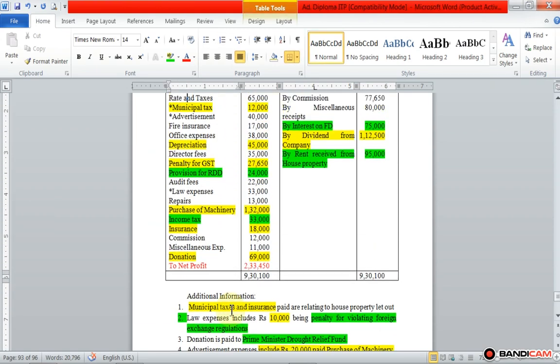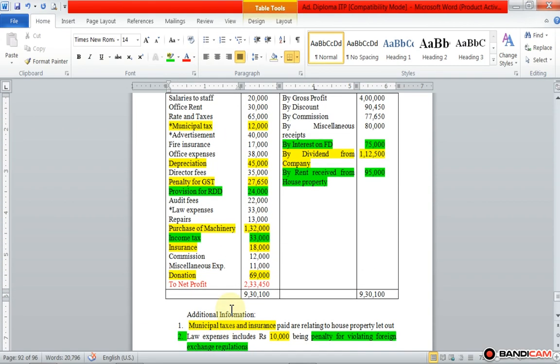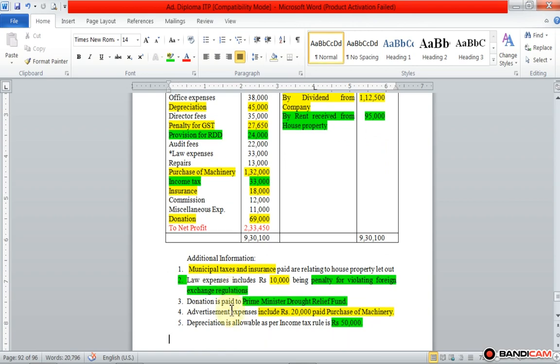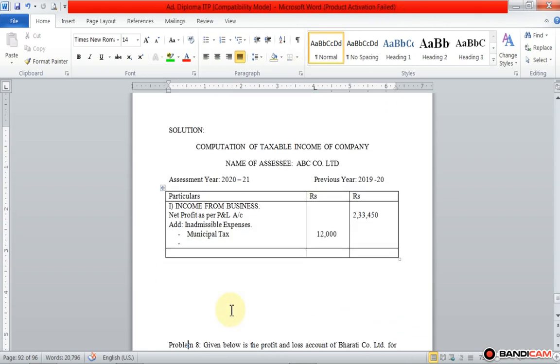Second one is advertisement. We make a star in front of advertisement, which means additional information is given on the advertisement. Here additional information number 4 is 20,000. This 20,000 relates to the purchase of machinery. Purchase of machinery is a capital expenditure, and capital expenditure is disallowed.